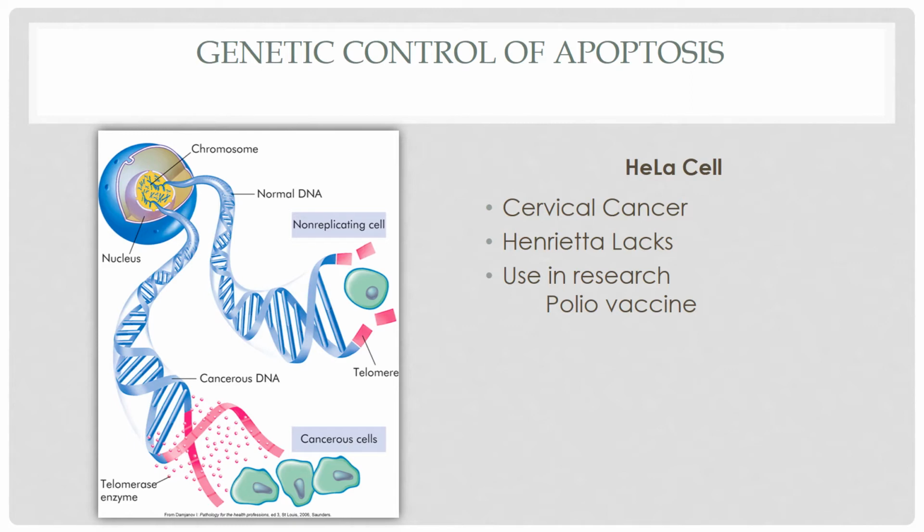While in cancer cells, telomerase is activated and it keeps repairing the telomeres indefinitely, and the cancerous cells can replicate because telomeres are maintaining their length, and they are enabling the cell to replicate.